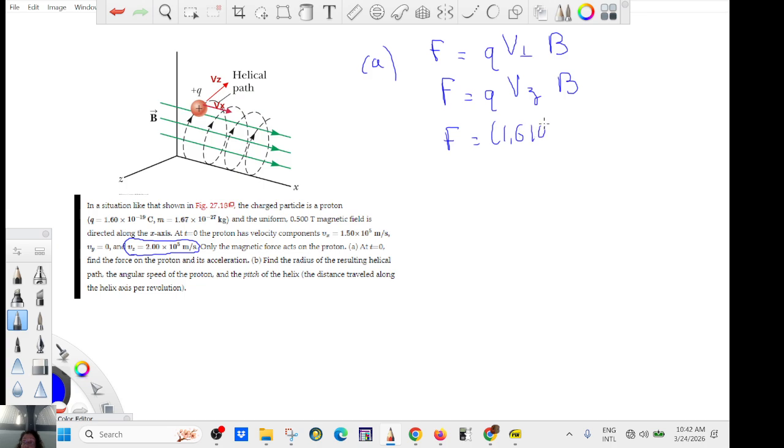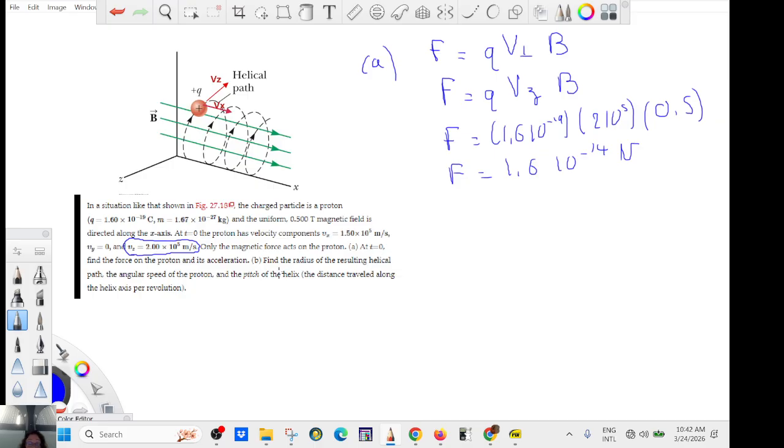So 1.6 times 10 to the negative 19, times 2 times 10 to the 5, and the magnetic field is 0.5. Exactly. So that's times 10 to the negative 14 Newton. Did you all get that?